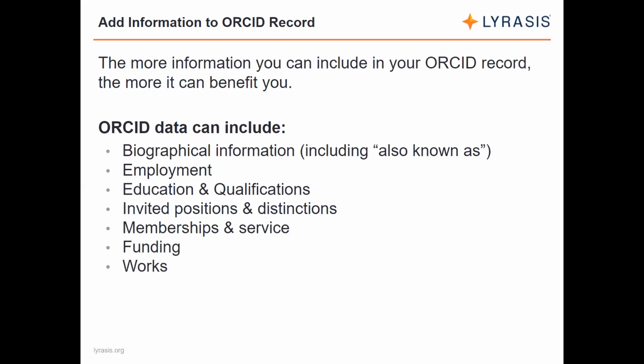You can have a biography up at the top. Also, there's the also known as section if you have any other names or name variations that you've used. You can also just go ahead and add your employment and education information, memberships and service, invited positions and distinctions, funding you have received, and works you have produced.